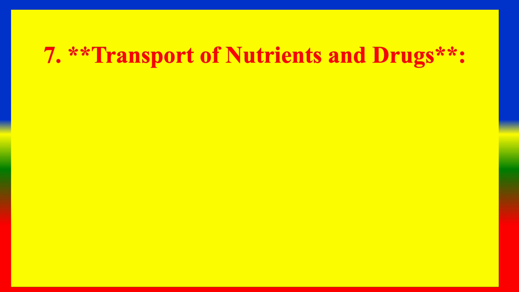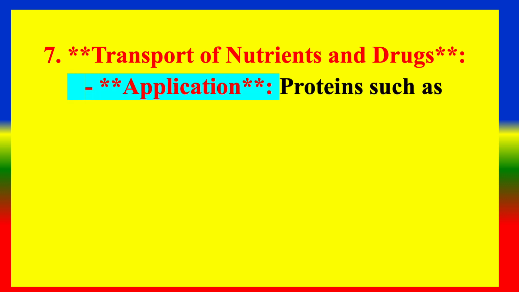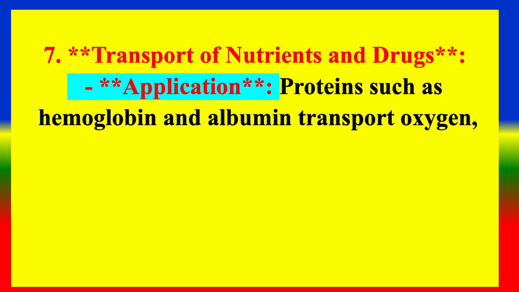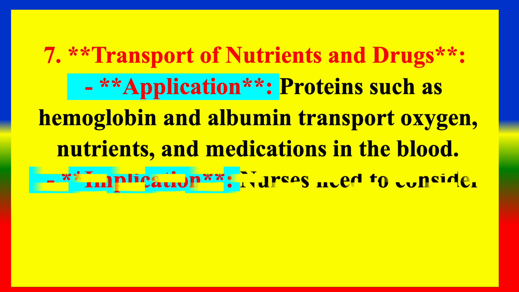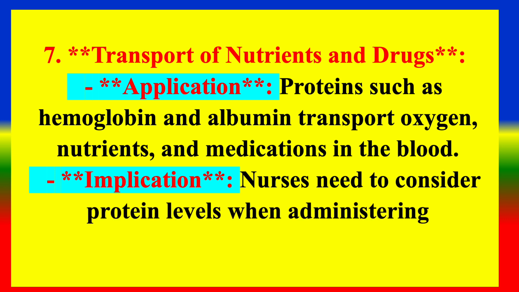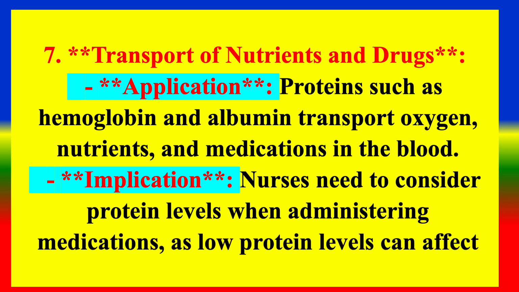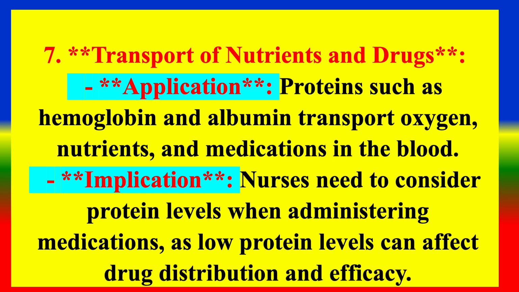Seven, transport of nutrients and drugs. Application: proteins such as hemoglobin and albumin transport oxygen, nutrients and medications in the blood. Implication: nurses need to consider protein levels when administering medications, as low protein levels can affect drug distribution and efficacy.